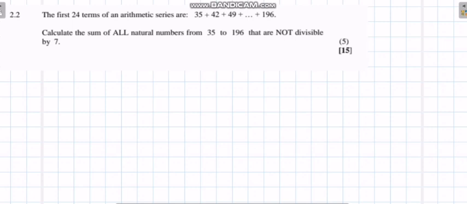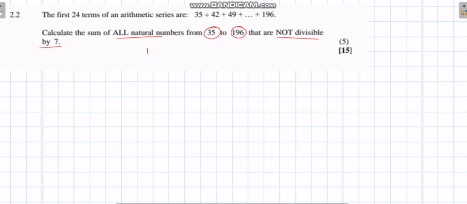So now they're saying calculate the sum of all natural numbers, counting numbers from 1, not 0, from 35 to 196, that are not divisible by 7.